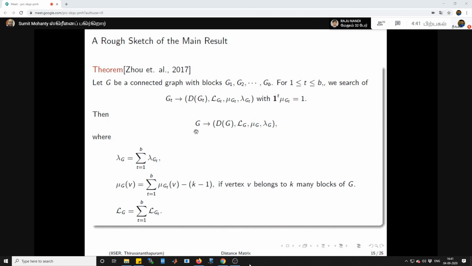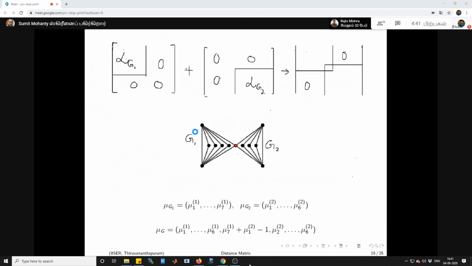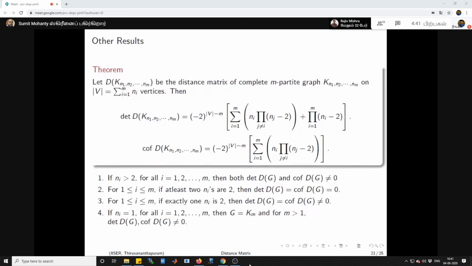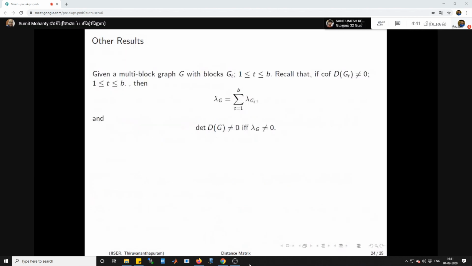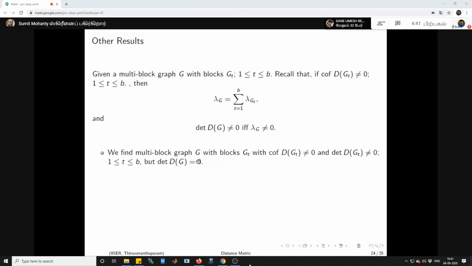We have constructed infinitely many graphs for which this property is satisfied. So basically, there are infinitely many graphs where the individual blocks' determinant cofactor may not be 0, but the determinant of the graph is 0. So the inverse may not be possible at all.